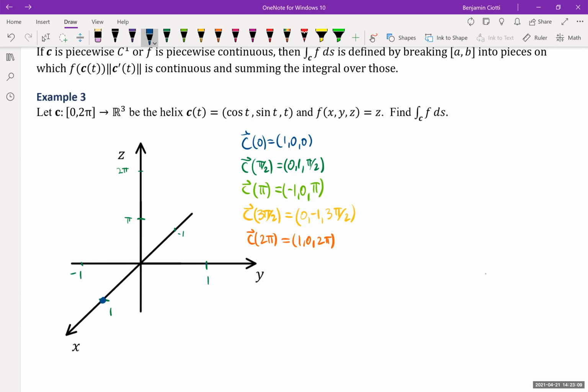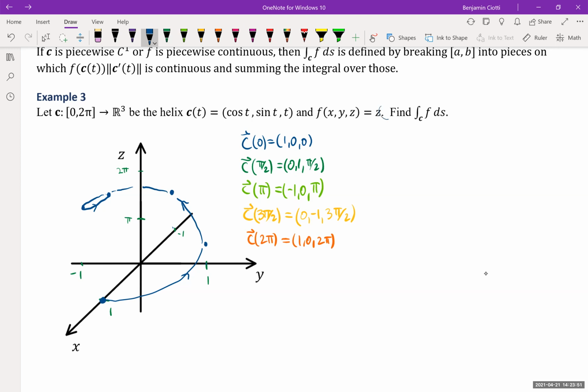So connecting these points, okay, we would call that a helix, right? It's kind of like a single strand of DNA wraps around the z-axis.